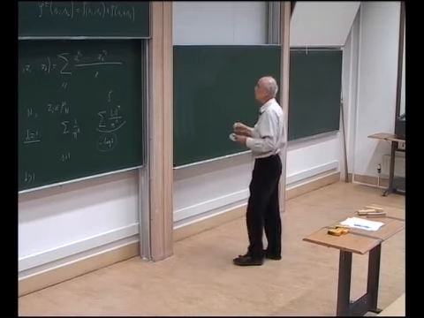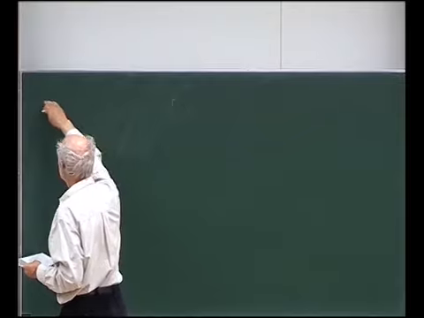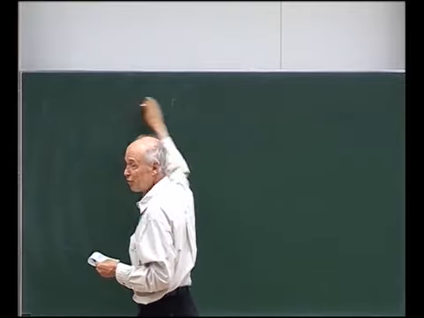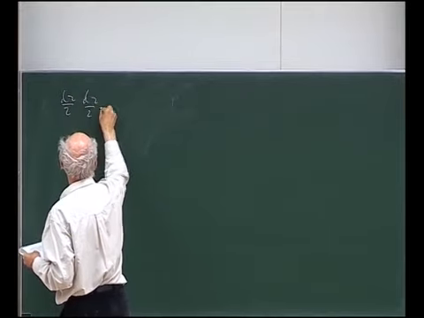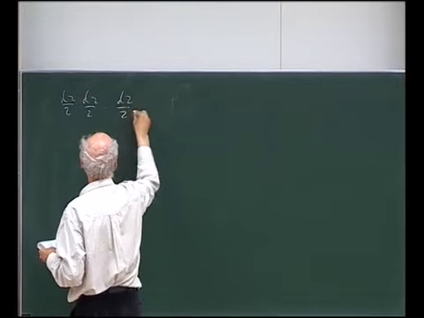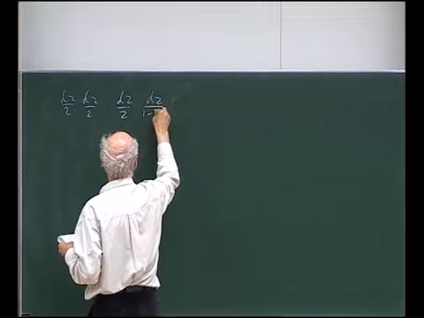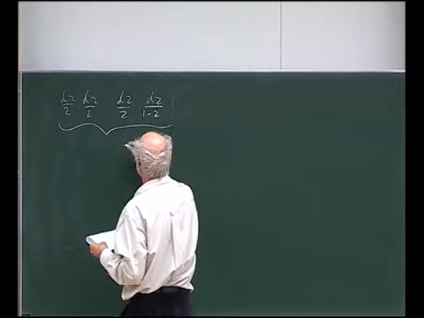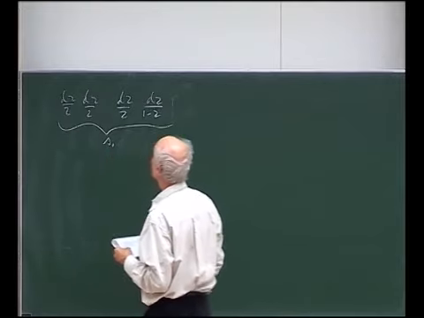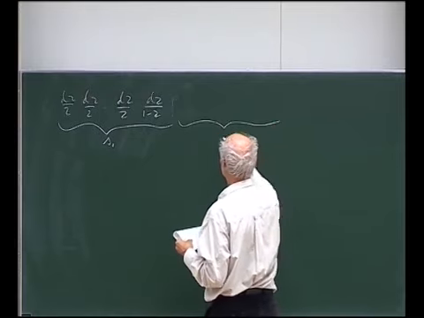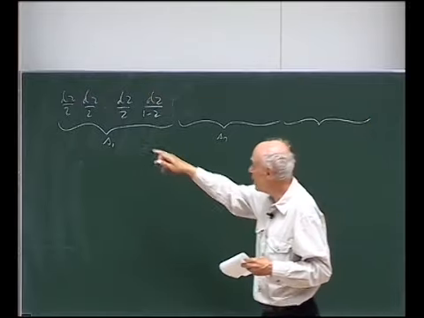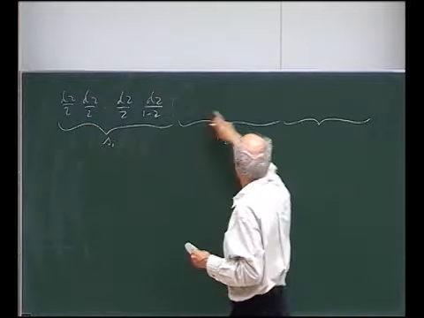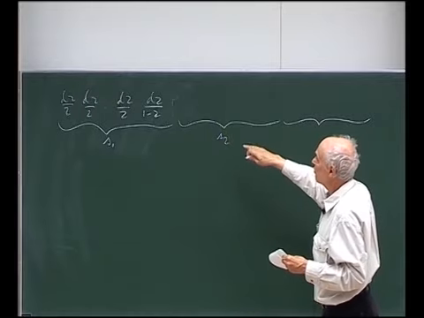So there is another expression which I will first give for zeta of s1 through sd. So you do the following. I will first write a series of differential forms: dz over z, dz over z, a number of times, then dz over 1 minus z, and there would be s1 of them.